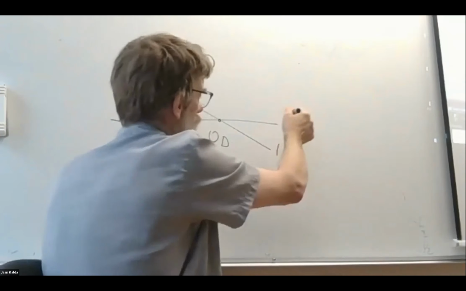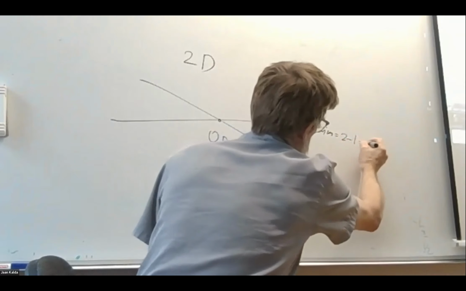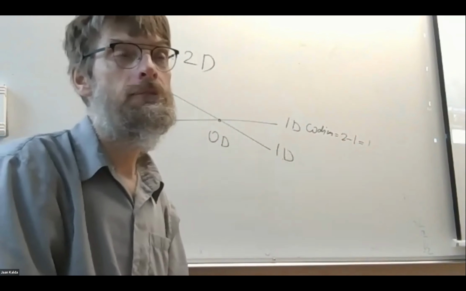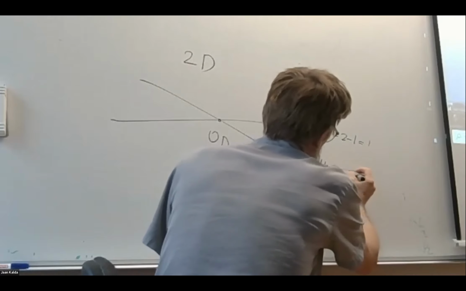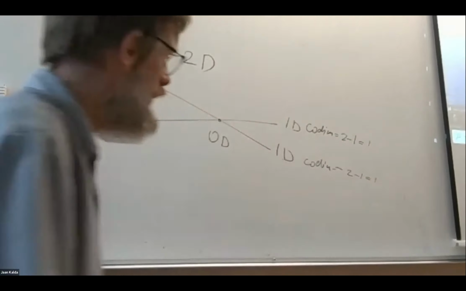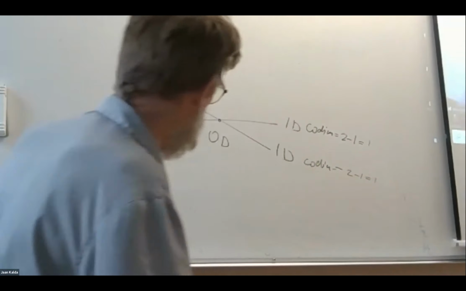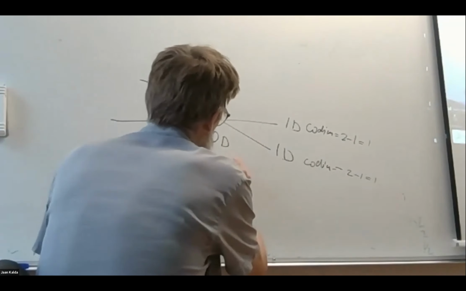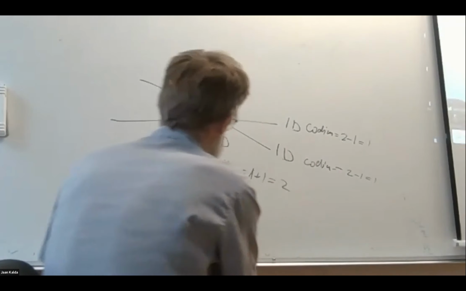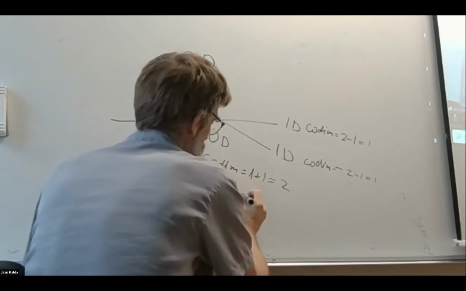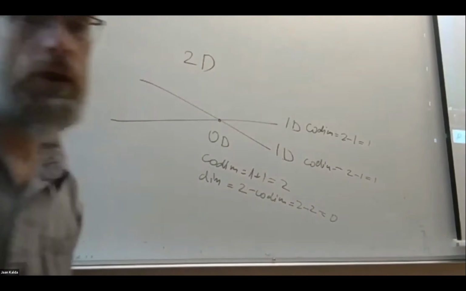Now codimension is 2 minus 1 equals 1, and here it is the same, 2 minus 1 equals 1. The claim is that the codimension of the intersection is the sum of those codimensions. So the codimension is 1 plus 1 is 2, which means the dimensionality itself is 2 minus 2 equals 0, as we found already.